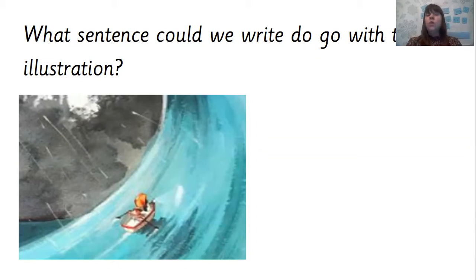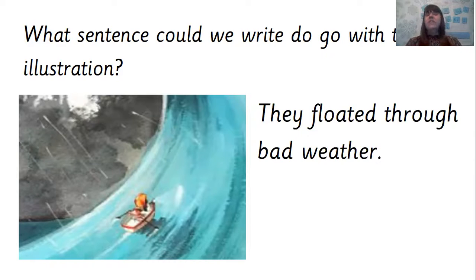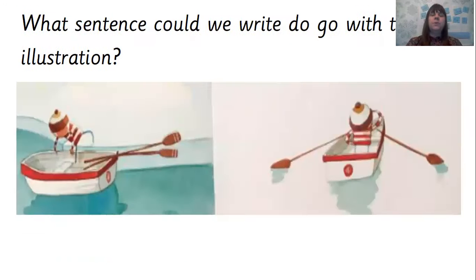You can make up your own little story to go with this part. So pause the video and think of something exciting that could happen here. They could see a whale or a shark, couldn't they? I've just written, they floated through bad weather, but think of all those exciting things that could possibly happen.